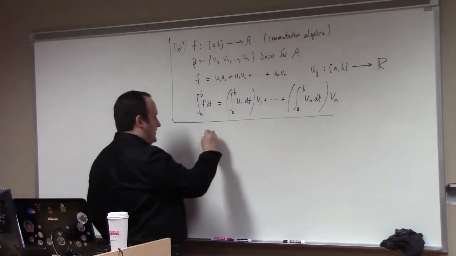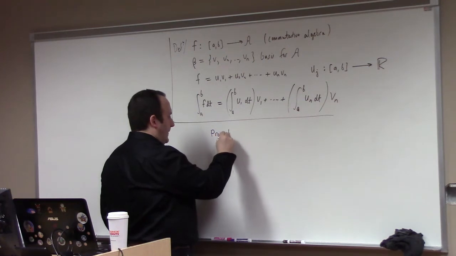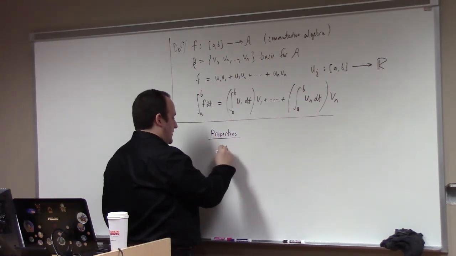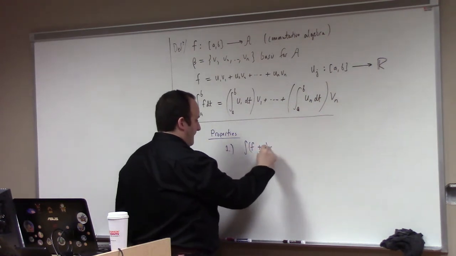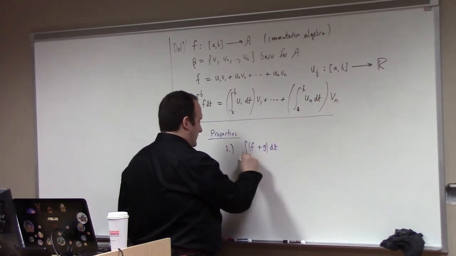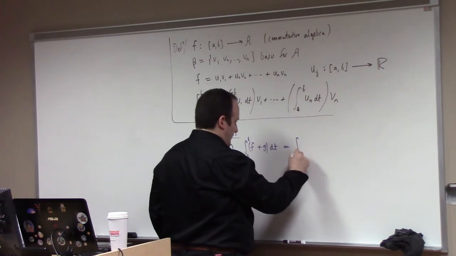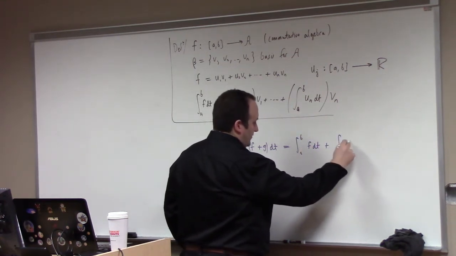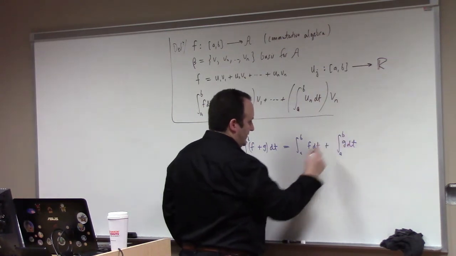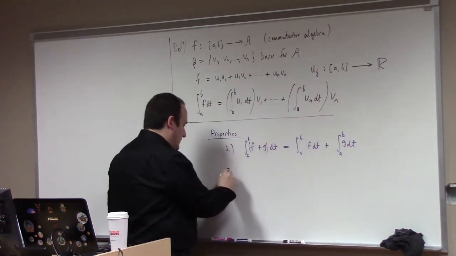So what are the properties? One, the integral of f plus g dt is, as you'd expect, the integral of f dt plus the integral of g dt from a to b. All right, not especially surprising. This one's a little bit new.